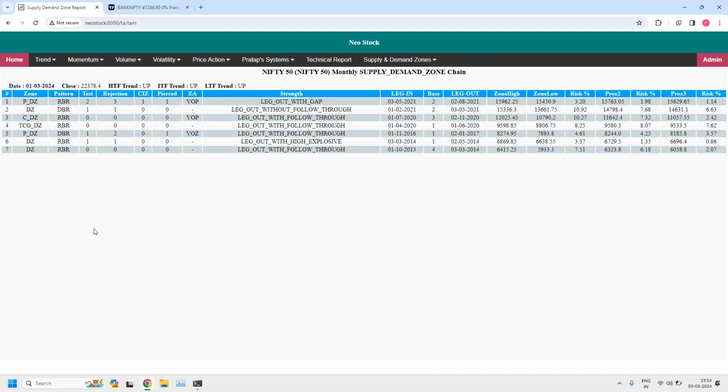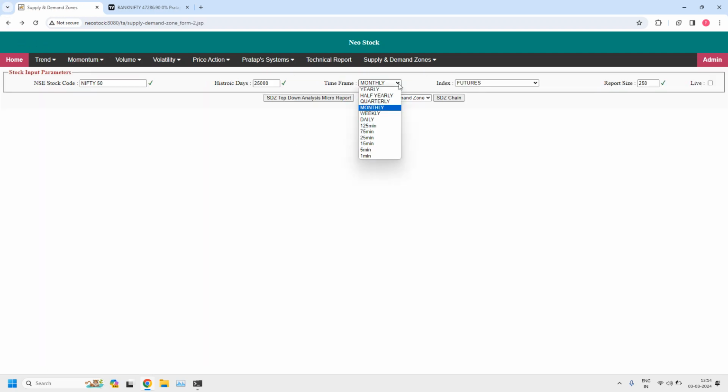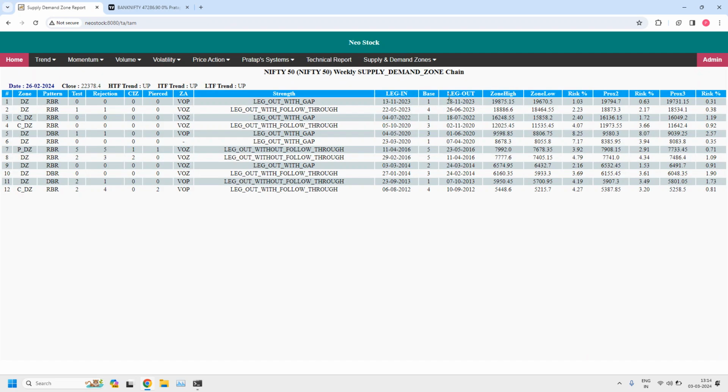These are the monthly zones. So let me go back, changing the time frame to weekly, and I am generating the weekly report. I am not discussing or commenting anything, just showing you the zones. These are the weekly zones.